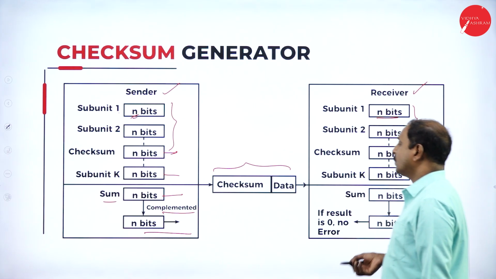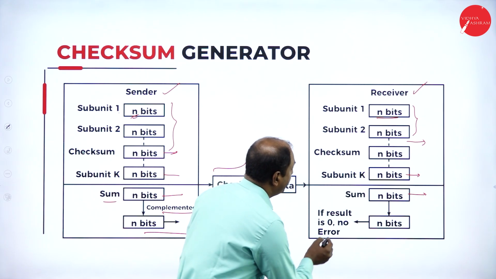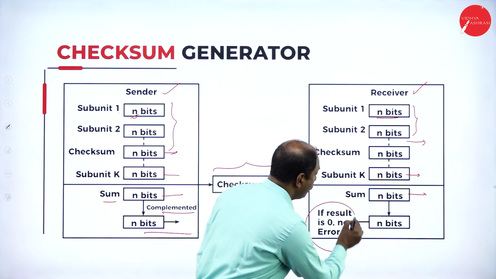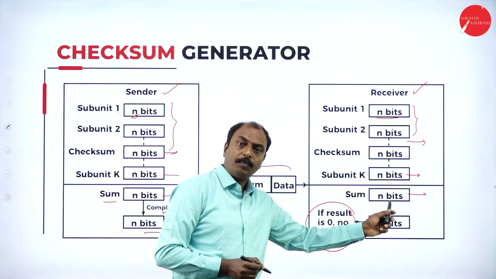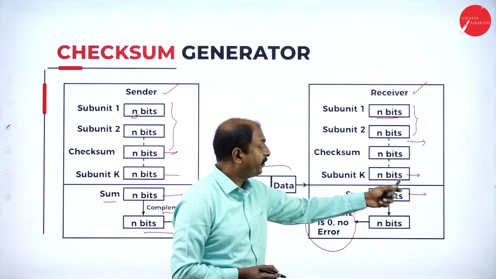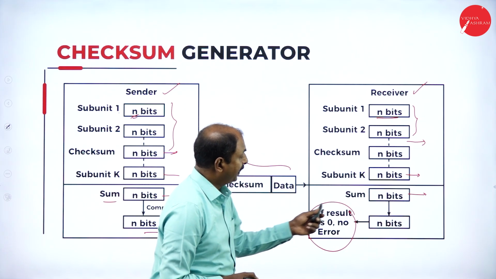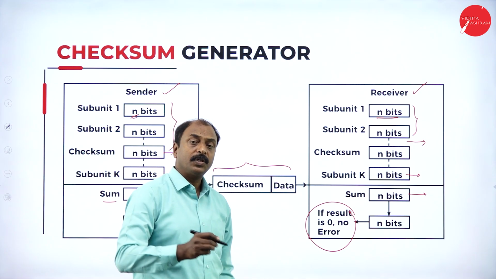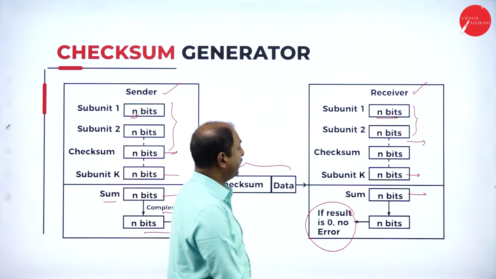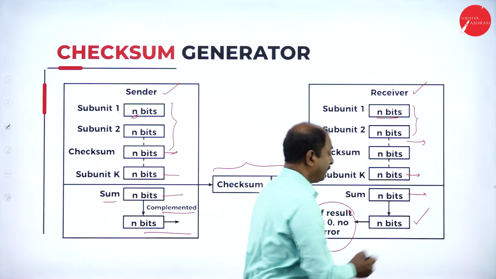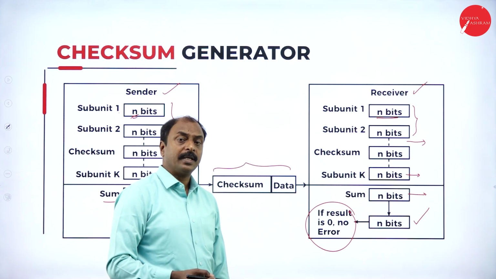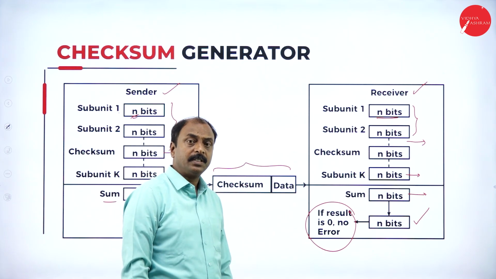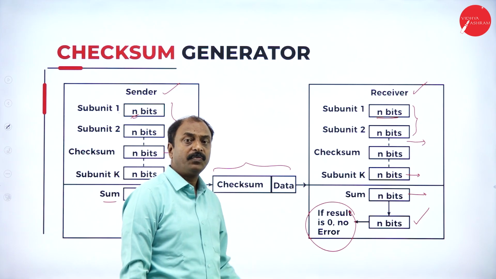If the result is 0, that is, if after complementing the sum at the receiver end the complement is 0, then the data is accepted. So there are no errors in the data transmission for any type of data.